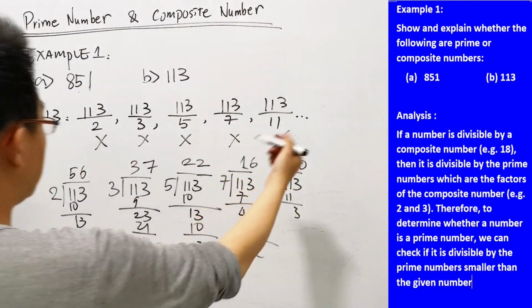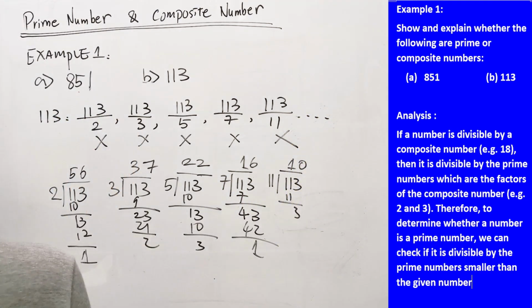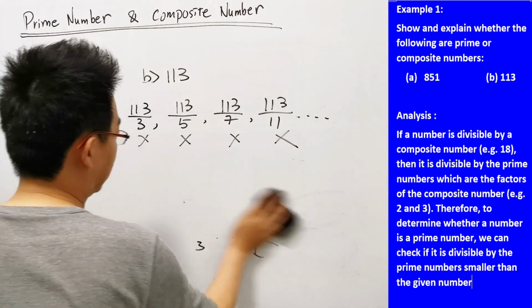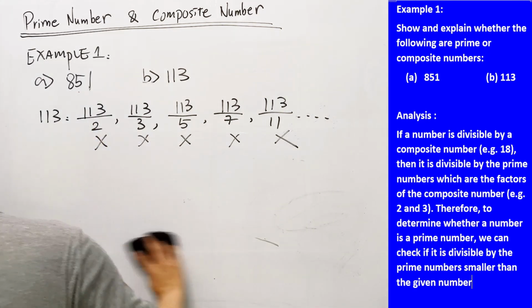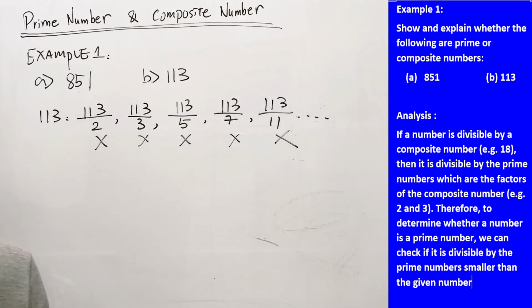We can continue to try until eventually we find out that 113 is a prime number, because 113 is not divisible by any prime number less than 113.